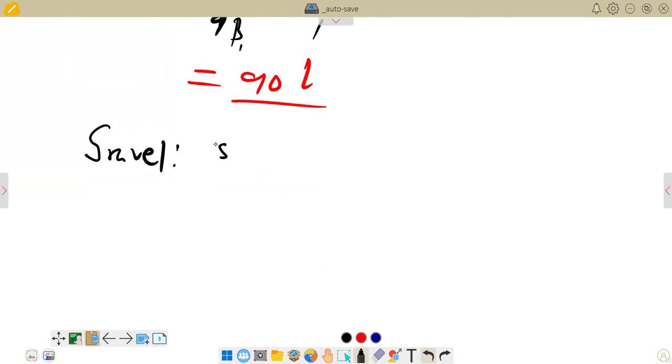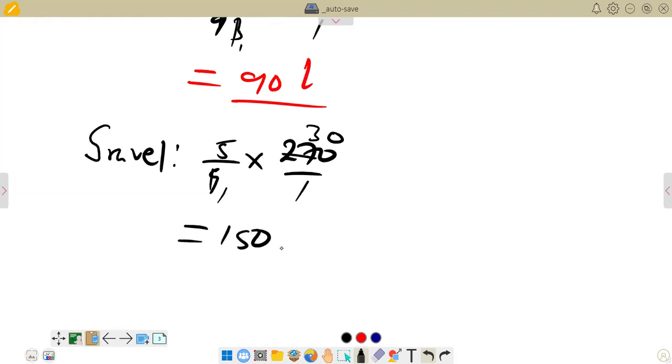So you say 5 over 9, and then we multiply by 270 over 1. 9 into 9 is 1, and then 9 into 27, you get 30. Then your 30, you multiply it by 5, 30 times 5, and you get 150 liters. So this is what we have.